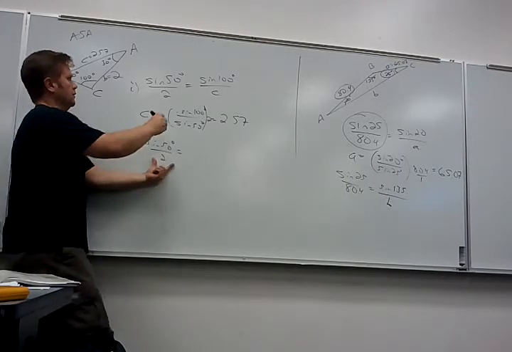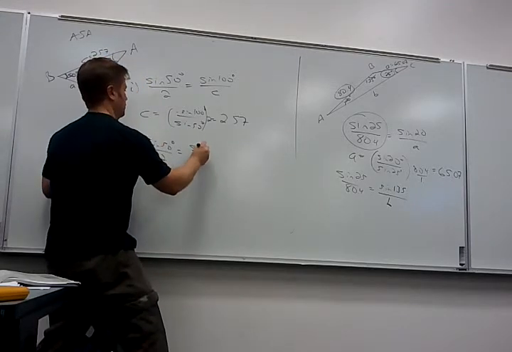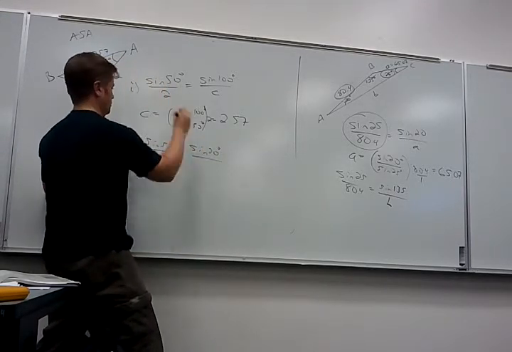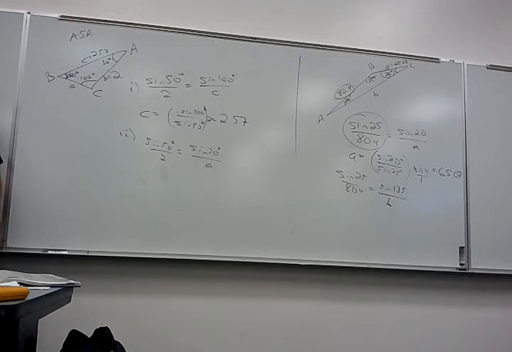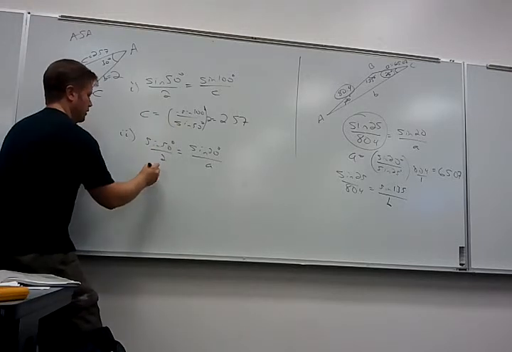So this one I can set up sine 30 over A. This has got the extra added bonus that I know what sine 30 is, but it doesn't really matter. You just put it all in the calculator.